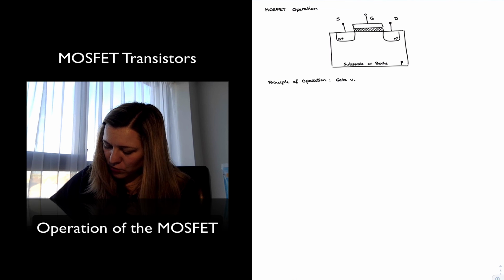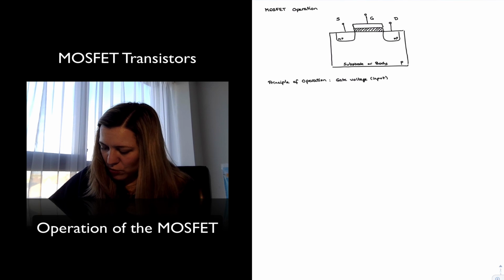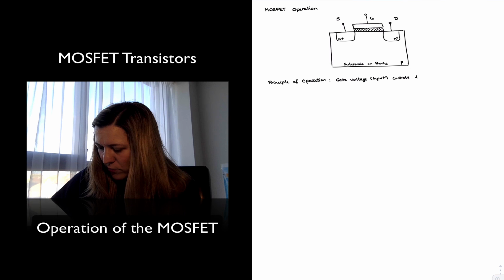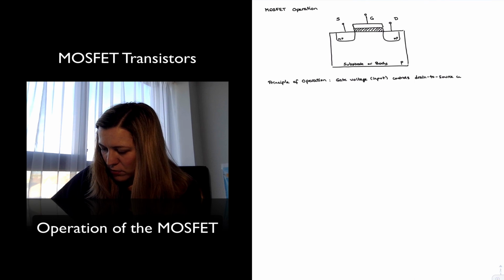So gate voltage, which is the input, controls drain to source current, which is the output.